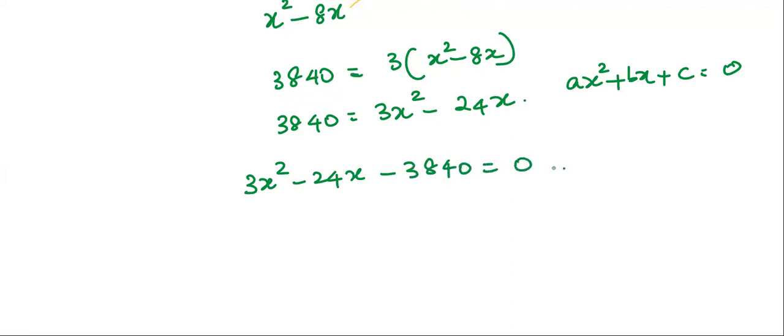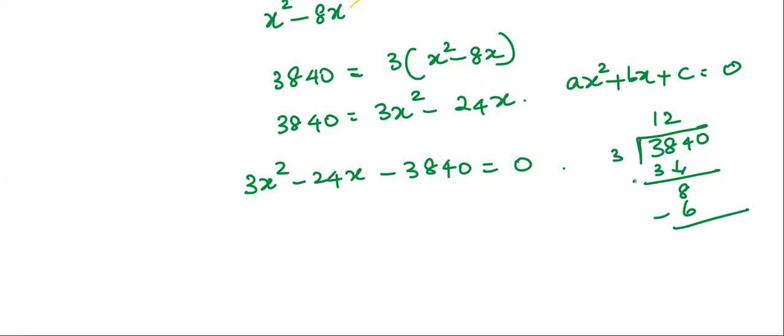Now let's see if we can divide the whole equation by 3. Because 3 1s are 3 and 3 8s are 24. Now we'll check if we can divide 3840 also by 3. So 3 1s are 3. Bring the 8 down. 3 2s are 6. Then again 2. Bring the 4 down. 3 8s are 24.